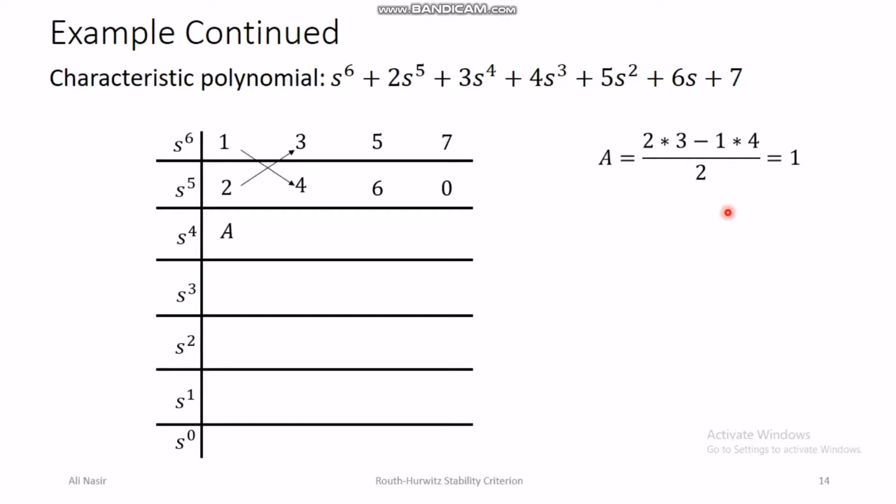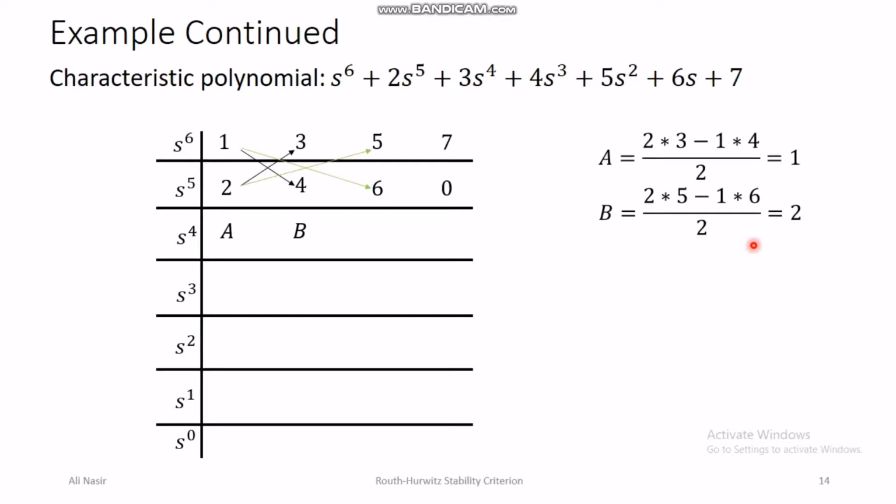Similarly, you can calculate the next entry in the row, which is 2 into 5 minus 1 into 6 divided by 2, which we denote here by B, and B in this case turns out to be a positive value of 2.